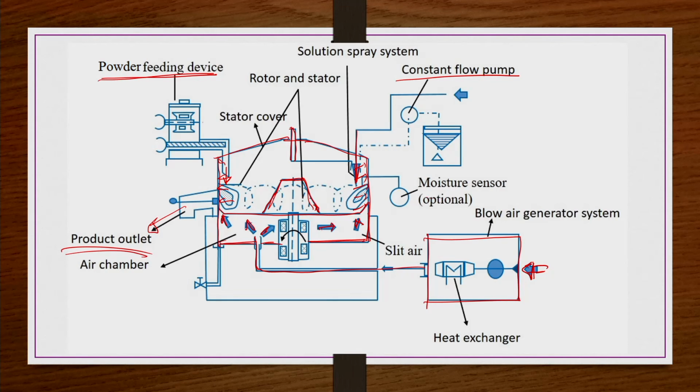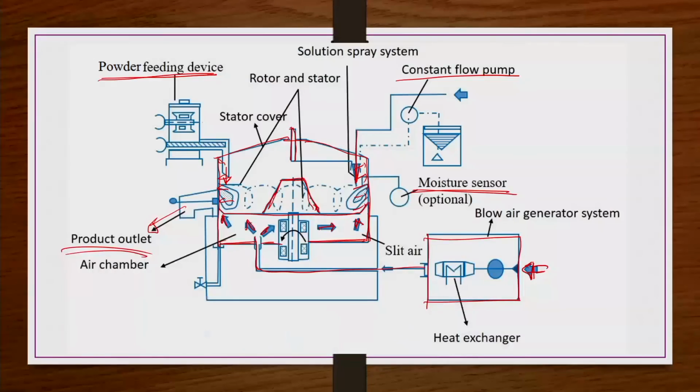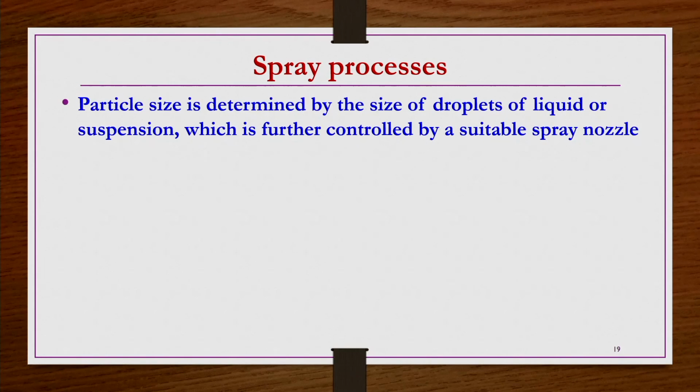Let us say a moisture sensor is also there. That is again optional. If you want to control the amount of moisture, and you do not want to have more moisture inside the equipment, then you can have this, and accordingly control the spraying of the binding solution.